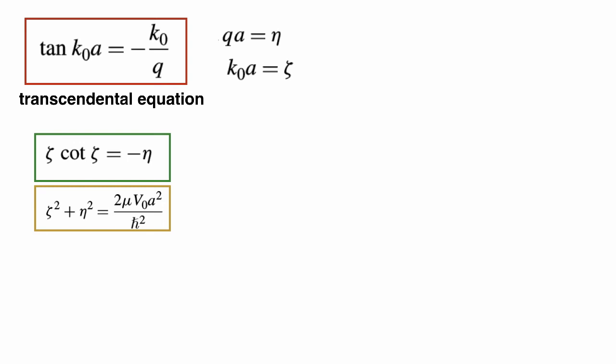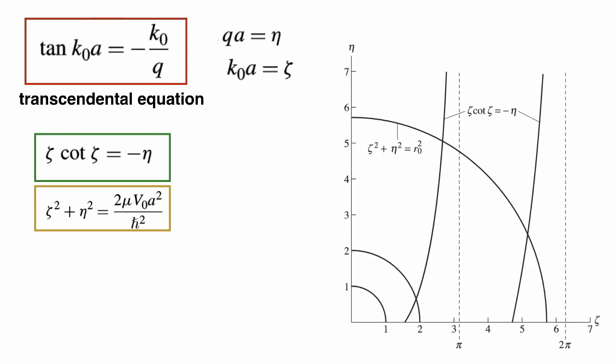The other equation is eta equal to minus zeta cotangent zeta. Again, if we plot this equation with zeta on the x-axis and eta on the y-axis, we end up with those curves right here.